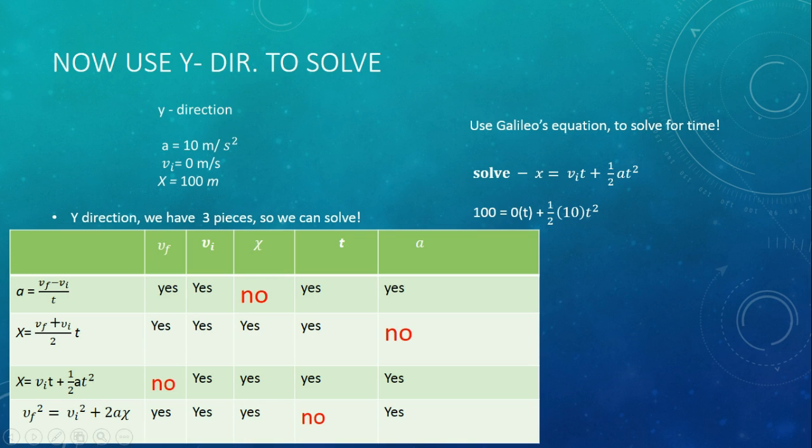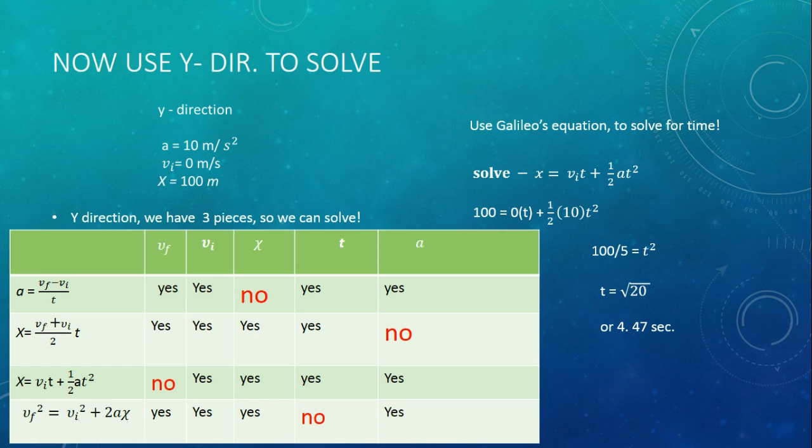So the next part is 100 divided by 5, because 1/2 times 10 is 5, and I just moved it over, equals t squared. So 100 divided by 5 is 20, so the square root of 20 is time, or that's about 4.47 seconds.